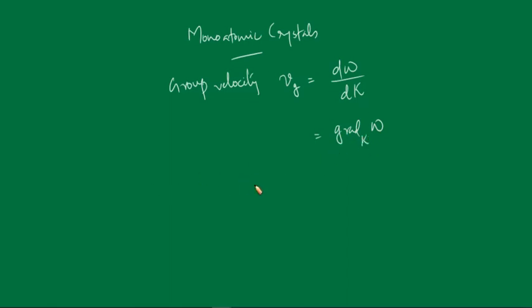We know that omega square in this case is 2c by m into 1 minus cos ka. So this relation we have derived in the last class. From this we can say that this is equal to 2c by m, and 1 minus cos ka is equal to 2 sine square ka by 2.